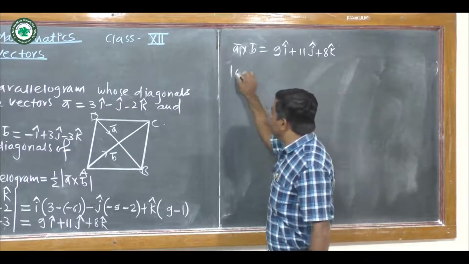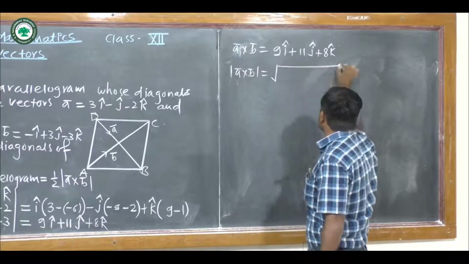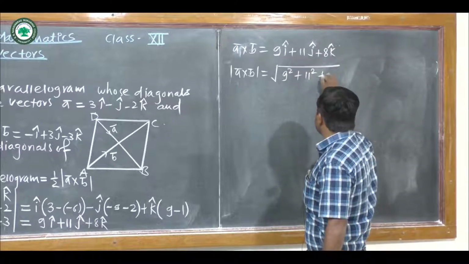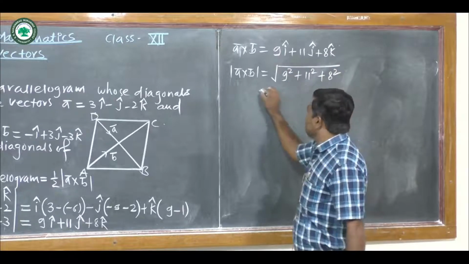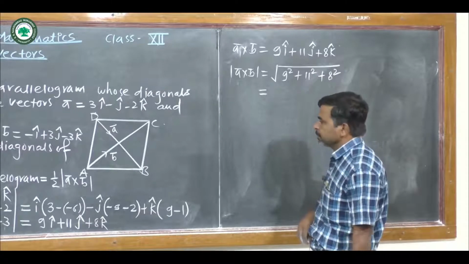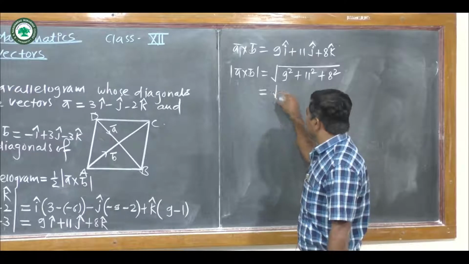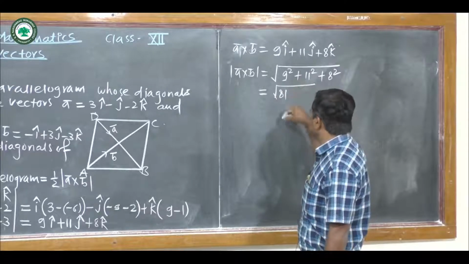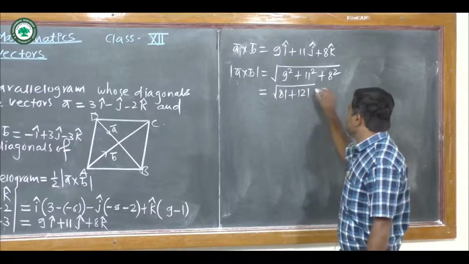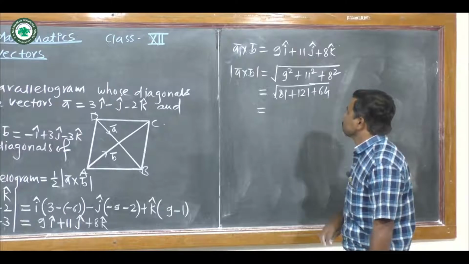So the magnitude of A bar cross B bar is equal to the square root of 9 square plus 11 square plus 8 square, that is the square root of 81 plus 121 plus 64.